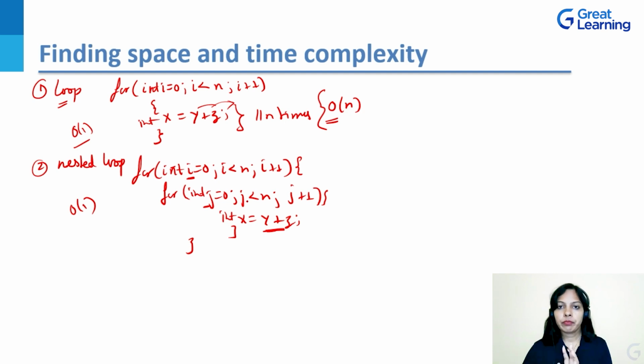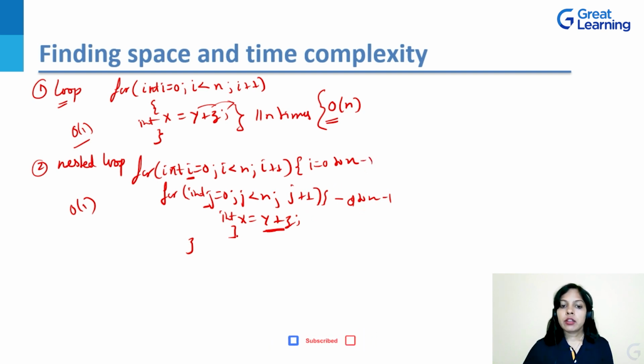Similarly, and so on. It means for each value of i, it is going to go from 0 to n, or you can say 0 to n minus 1, because it's less than, not less than or equal to.